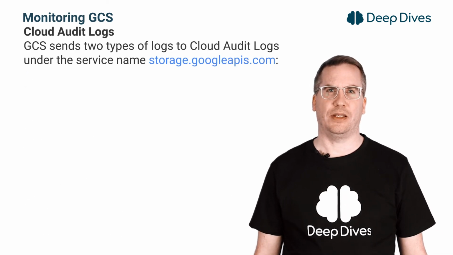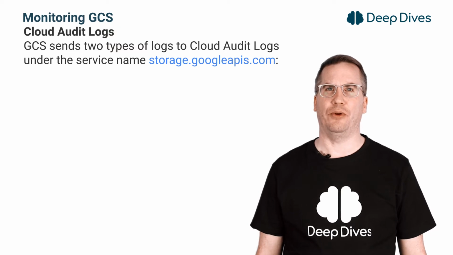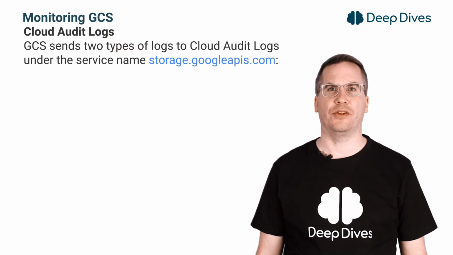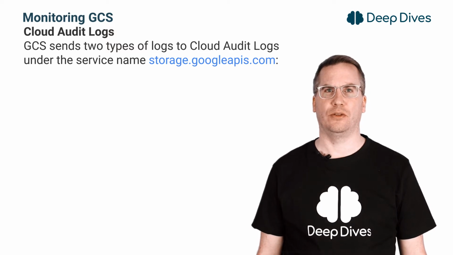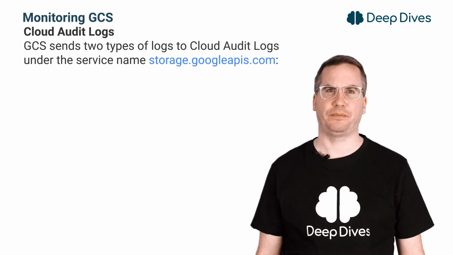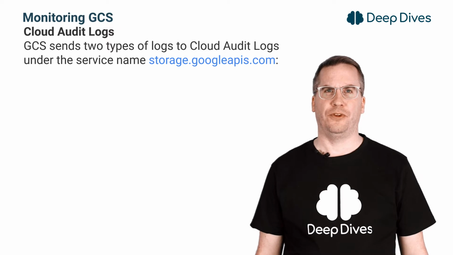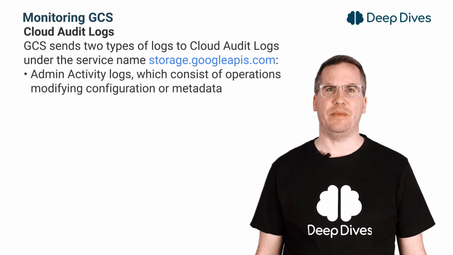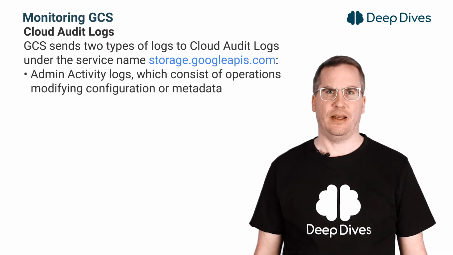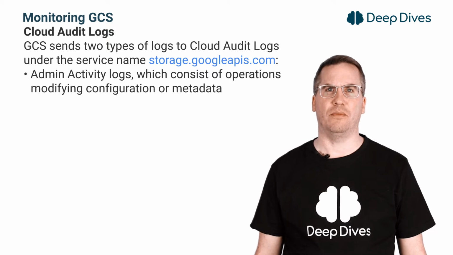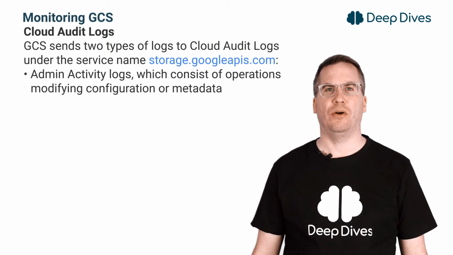GCS also sends logs over to Cloud Audit Logs. There, they can be found under the service name storage.googleapis.com. The first log type is admin activity logs, and those contain operations that are modifying configuration or metadata.